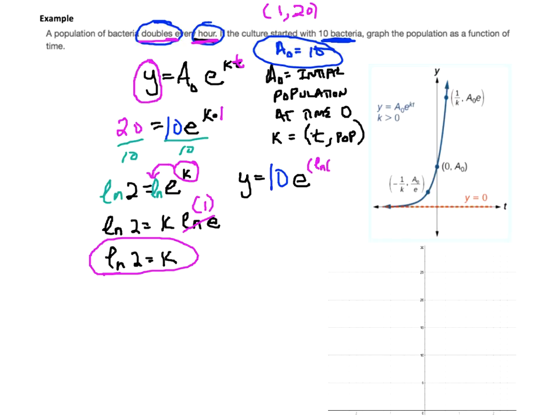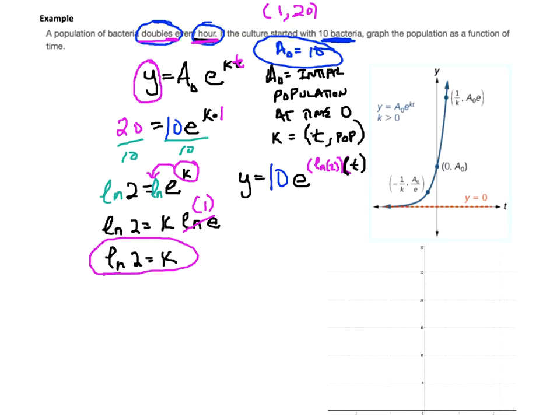It's the ln, or the natural log of 2, and that's multiplied by my time. And so I'm going to leave that as a variable so I can plug in and figure out at different times how big the population is. So the ln of 2 times t.